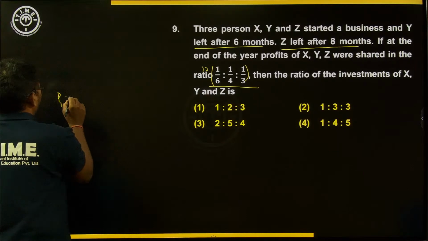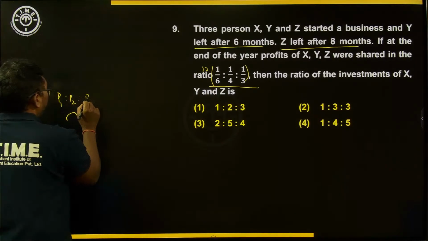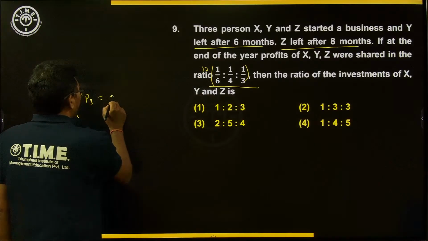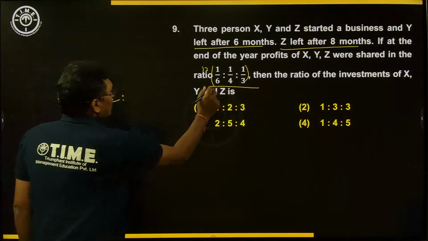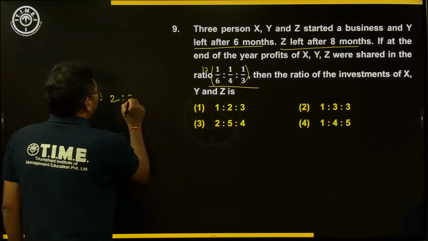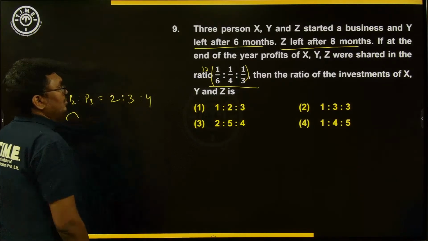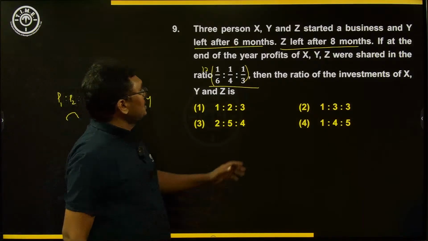So P1 is to P2 is to P3. So 12 into 1 by 6, that is 2, and 12 into 1 by 4, that is 3, and 12 into 1 by 3, that is 4. So profits are shared in what ratio?